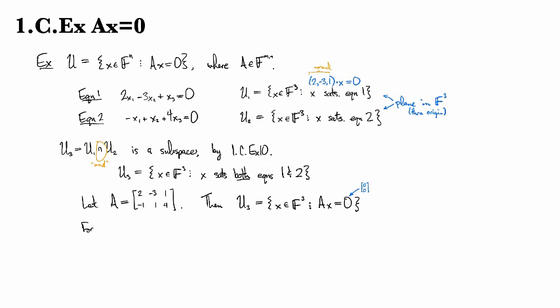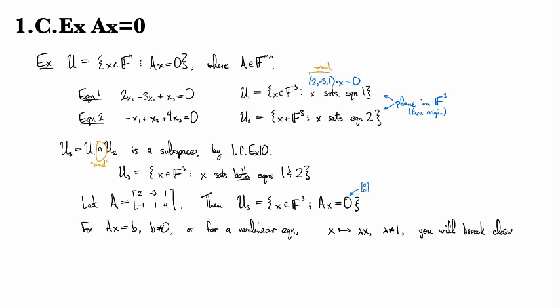So if we had an equation which was not homogeneous, like Ax equals b, or if we had a nonlinear equation, then if you take x and replace it with lambda x for some lambda other than 1, this will break the closure axioms.